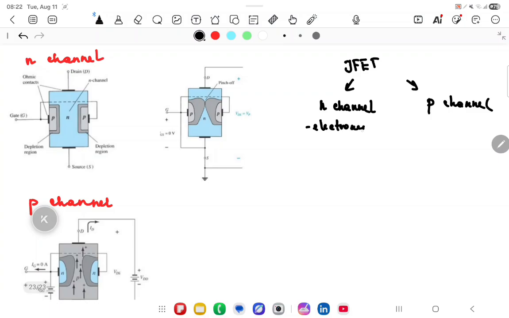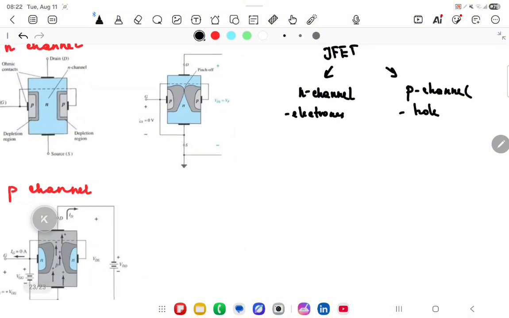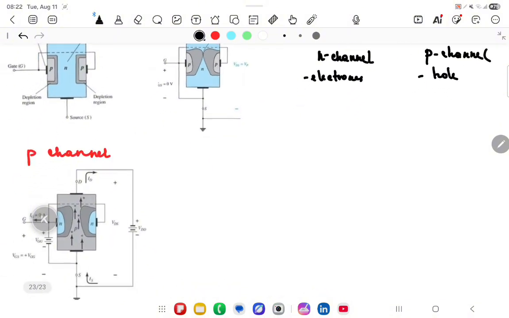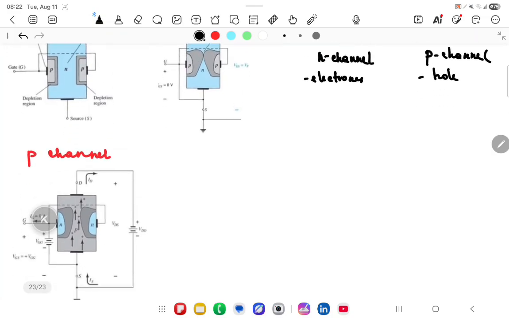So electrons flow from source to drain, but conventionally we say that it flows from drain to source. Whereas in the P channel, we say that there is a hole flow, but mathematically we take it as positively charged particles. So they flow from source to drain, both conventionally and mathematically, okay?